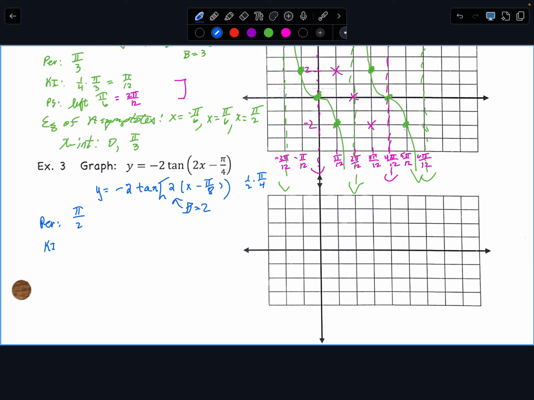And your key increment is 1/4 of your period. And you're going to the right pi eighths. And that is your phase shift. Oh, and that's nice because the key increment and the phase shift already agree.